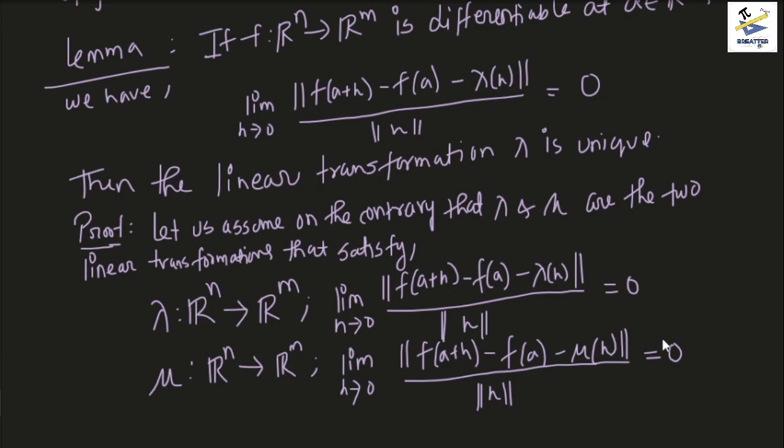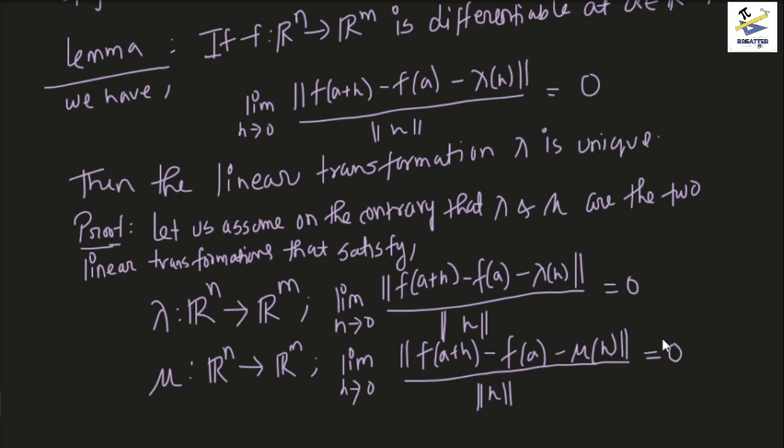How we proceed from here is something we have seen before in linear algebra. We would like to show that lambda equals mu, or rather lambda of h equals mu of h if we are considering the argument as well. But in general the two linear transformations should be equal. Now how do we show that two linear transformations are equal?